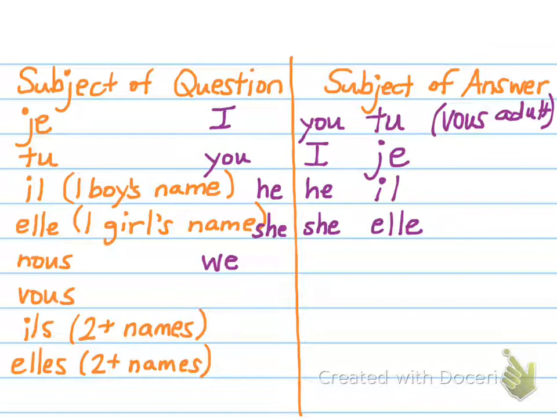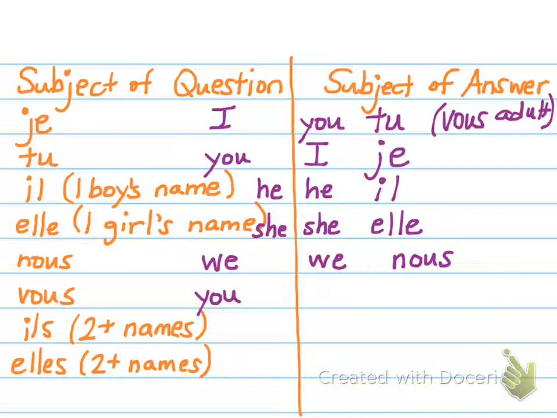Again, we questions are a little bit weird, but do we go to Chippewa Hills High School? Yes, we do. So if you ask a question with we, your answer is also probably going to be we because you're included in that group, and so the subject of your answer would be nous. Again, here we have that you. And here it depends on whether this you was plural or singular.